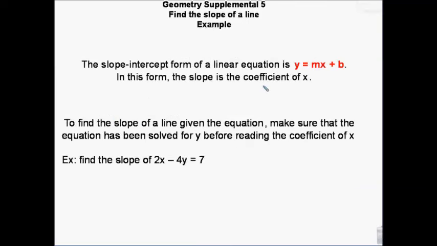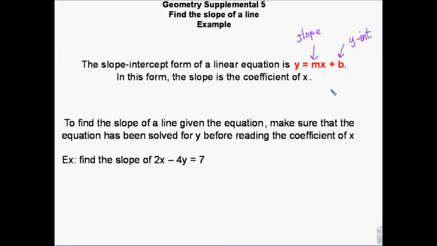To represent slope, that's the slope-intercept form of an equation, and it's called slope-intercept form because this is the slope, and this is the y-intercept. It's slope-intercept because it has a slope in it and it has an intercept in it.